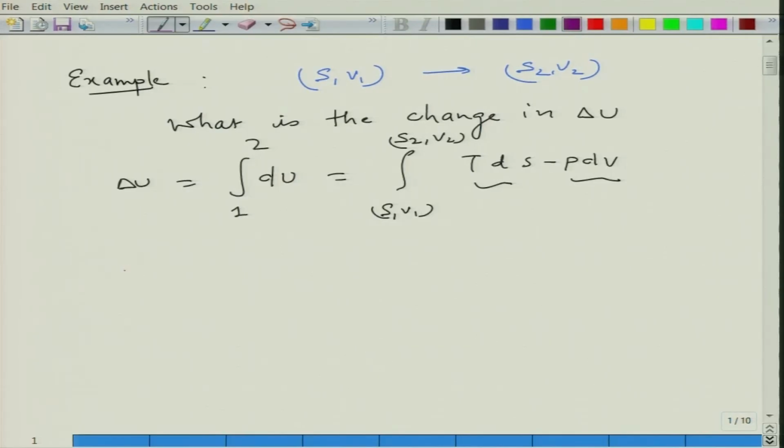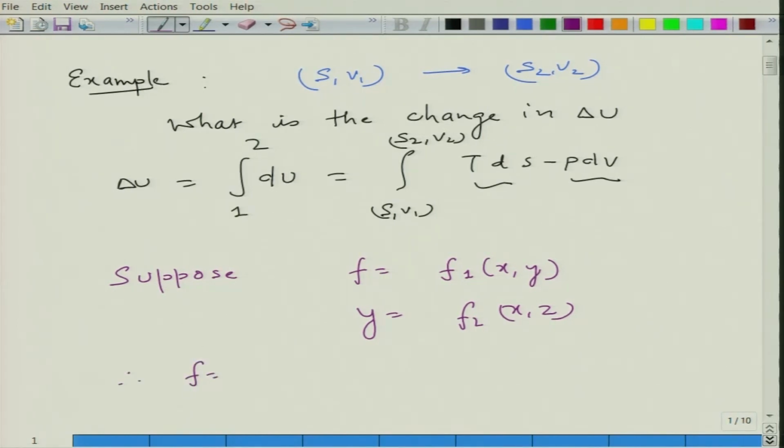Okay, so let us suppose that you have a function f which is f1 of x, and similarly let us say you have this y which also depends on x and z, and let us say this is a function f2. Therefore f is f1 of x and f2 of x, z, and we may say that this is a function f3 of x, z.